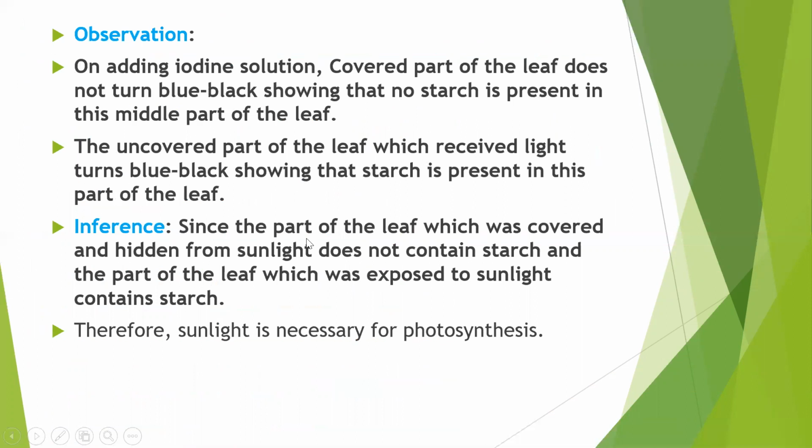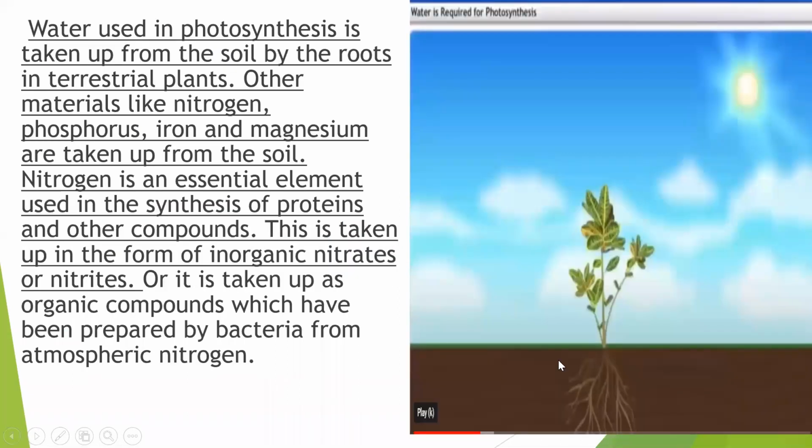Inference: since the part of the leaf which was covered and hidden from sunlight does not contain starch and the part which was exposed to sunlight contains starch, therefore sunlight is necessary for photosynthesis. From this experiment, we can conclude that sunlight is necessary for photosynthesis.